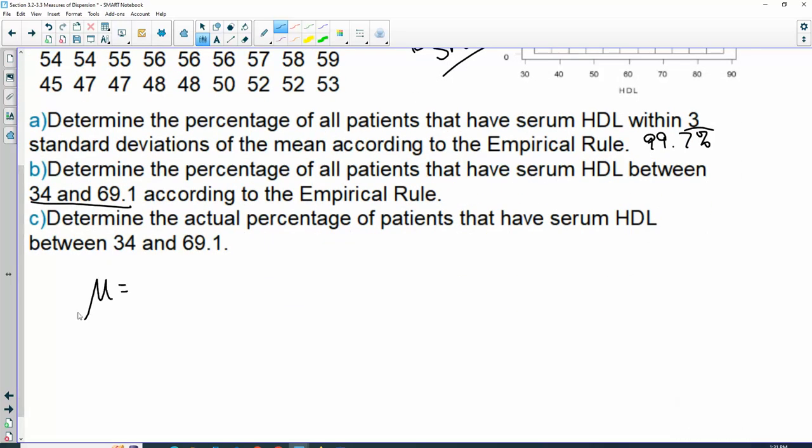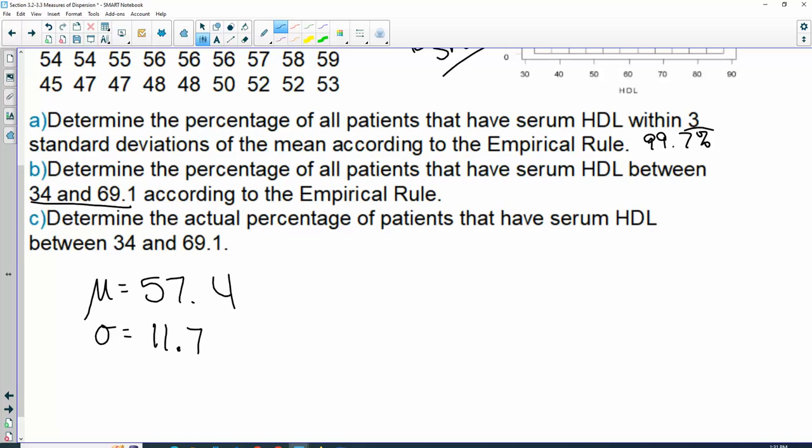So let's see if we agree now. Mean 57.407. For the sake of nice numbers, can we do 57.4? And standard deviation, since it said this was all 54 female patients, we'll go with the sigma. So that's 11.696. So can we say 11.7? Okay.